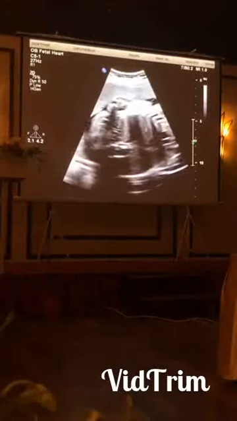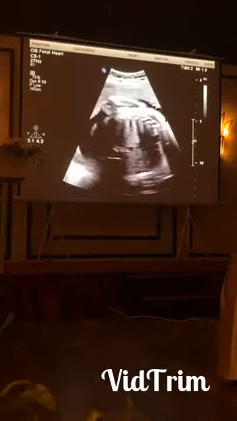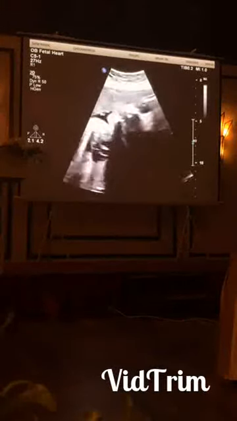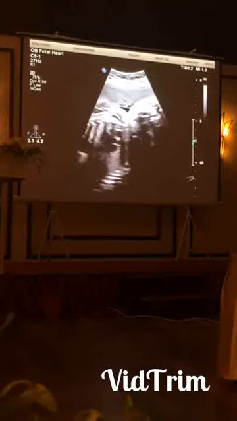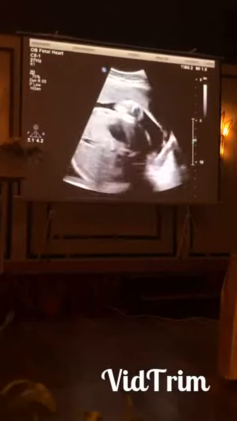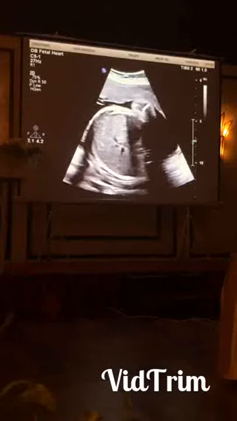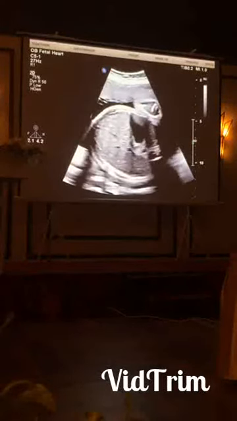Hi, okay. So this is the abdominal situs, so that's the left side.